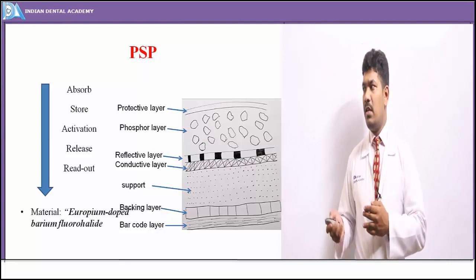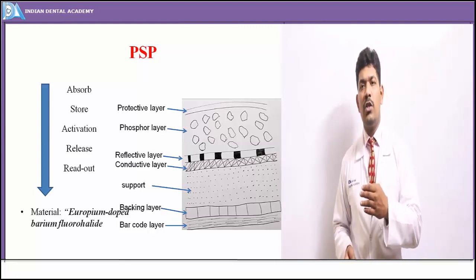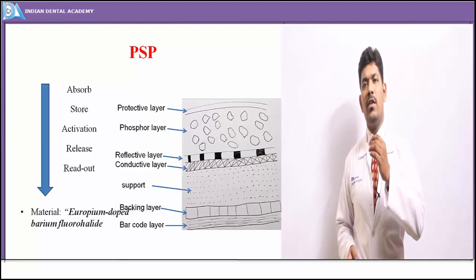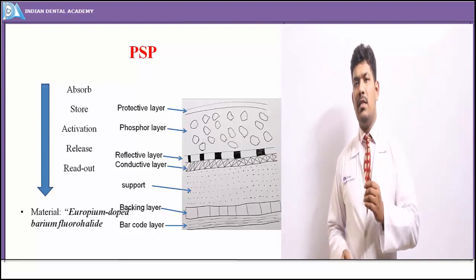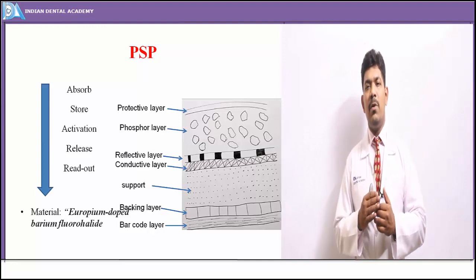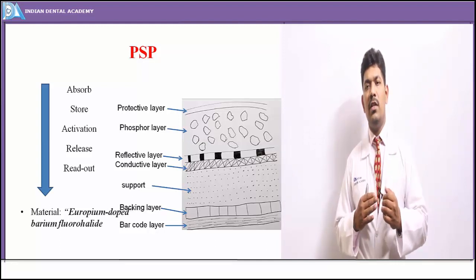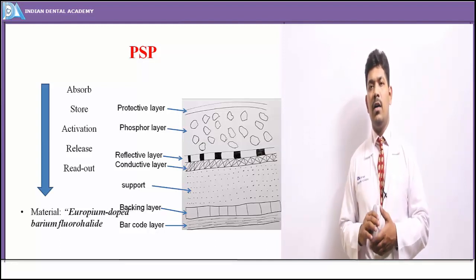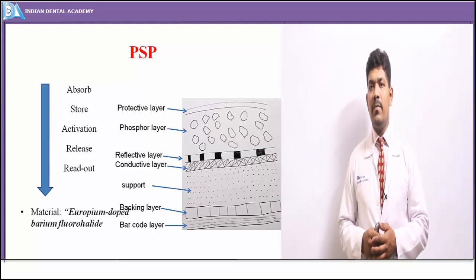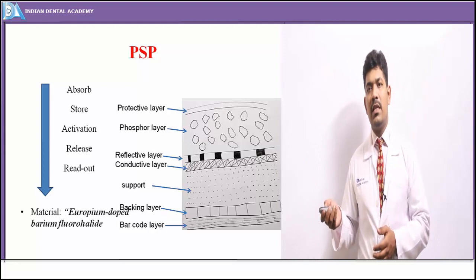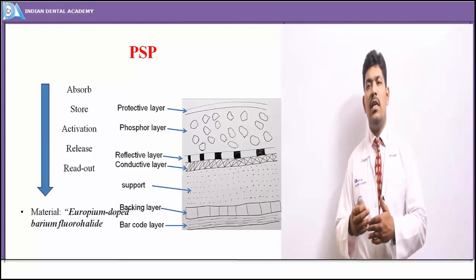Now how is it stimulated? The name suggests it is photostimulated. That is, light of a specific wavelength is used to stimulate this particular sensor, which already temporarily stores the amount of energy which is incident upon it from the specific area of interest. Now upon this stimulation, there is release of this energy. And how is this energy released?